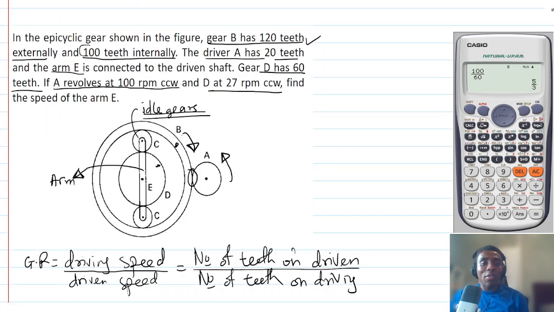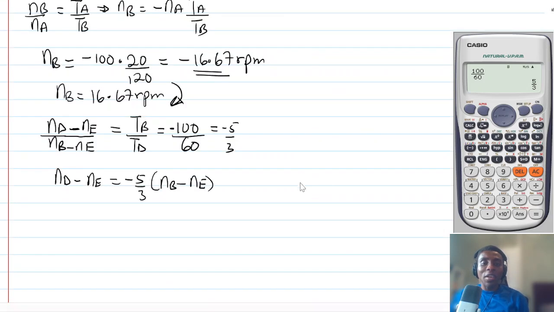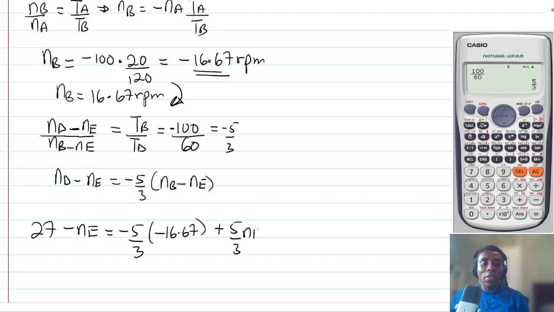We also have ND here, so ND is 27. So 27 minus NE should be equal to minus 5 on 3, multiplying NB, which is minus 16.67. This minus will become plus, so plus 5 on 3 NE.